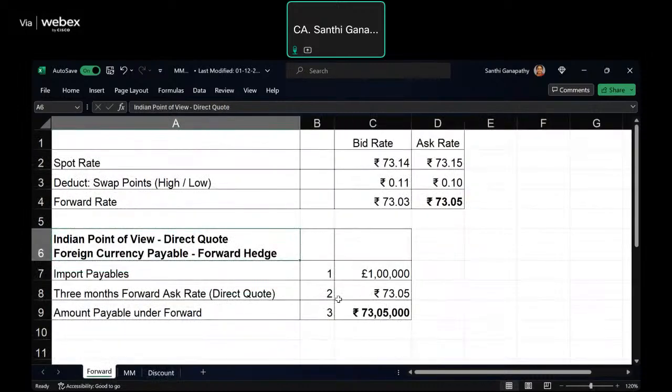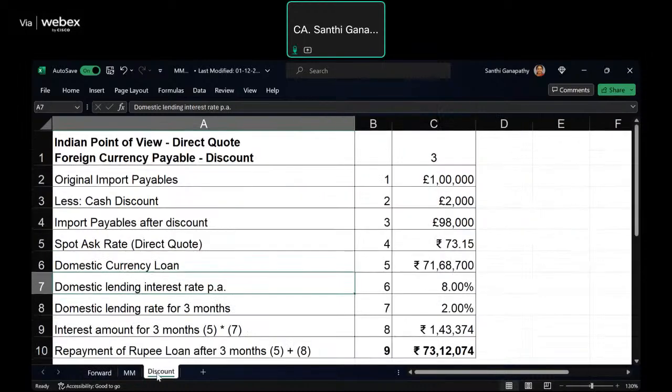Is this clear? So our decision is to go for a forward.